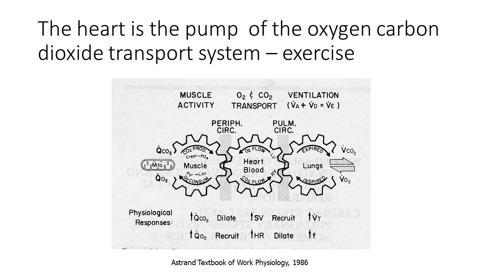So in terms of exercise, the pulmonary circulation, the peripheral circulation, the heart, the muscle, the lungs, they're all working like a set of gears, taking blood to deliver things and to get rid of stuff and to get stuff back into the system. So carbon dioxide, oxygen, one we're getting rid of, one we're taking on. And so it's all distributed, and this heart's what's going to take it there.